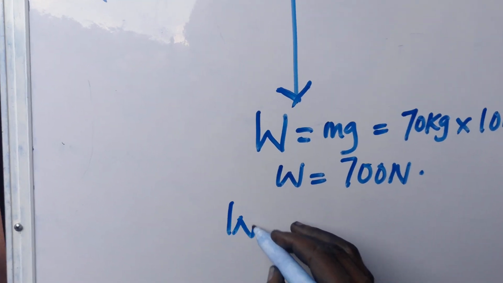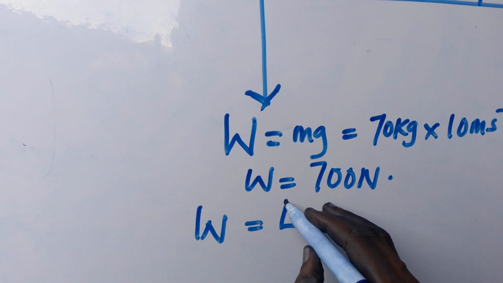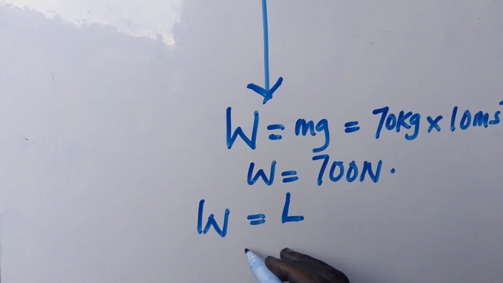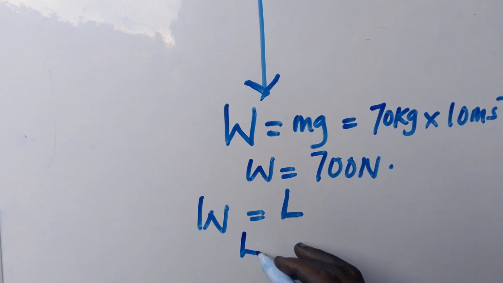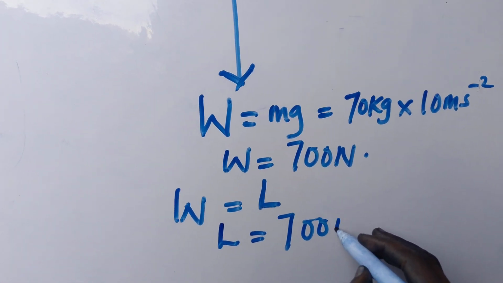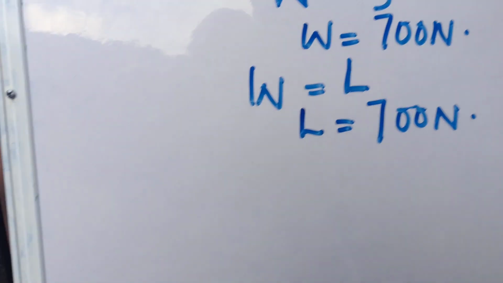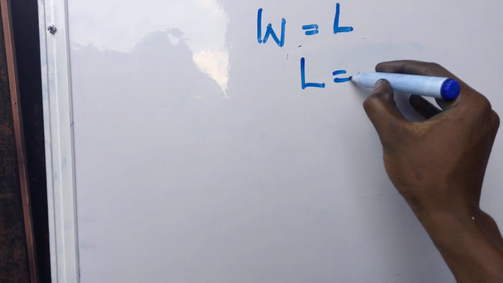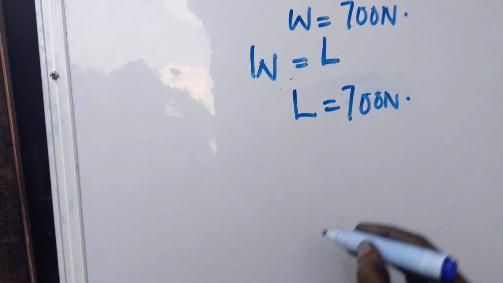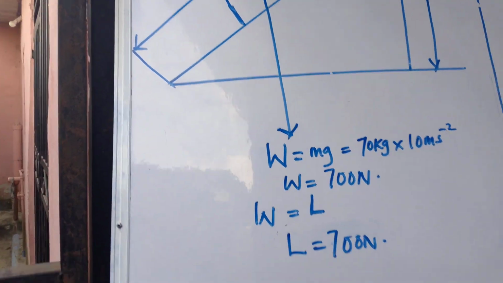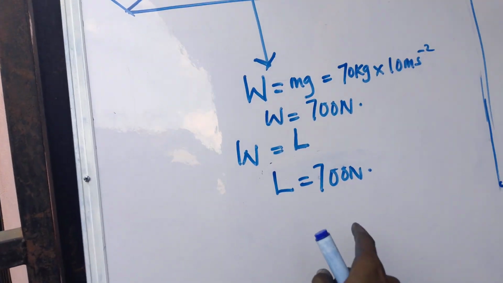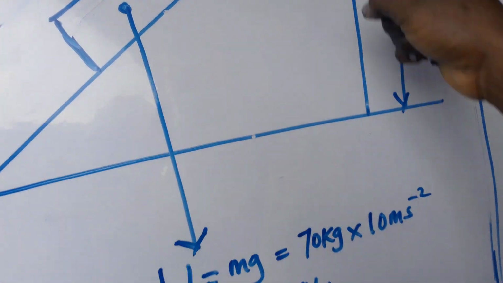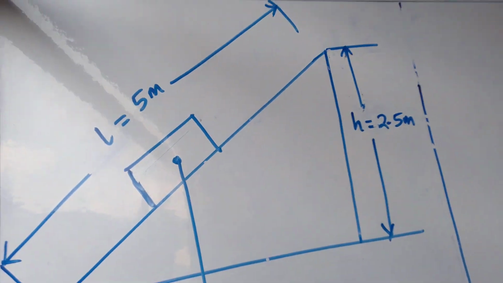But this weight is similar to the load. So therefore, the load L is equals to 700 Newton. So this one now is showing us the load L, which is 700 Newton. The load acting vertically downwards, and the distance moved by the load is this height here, 2.5.